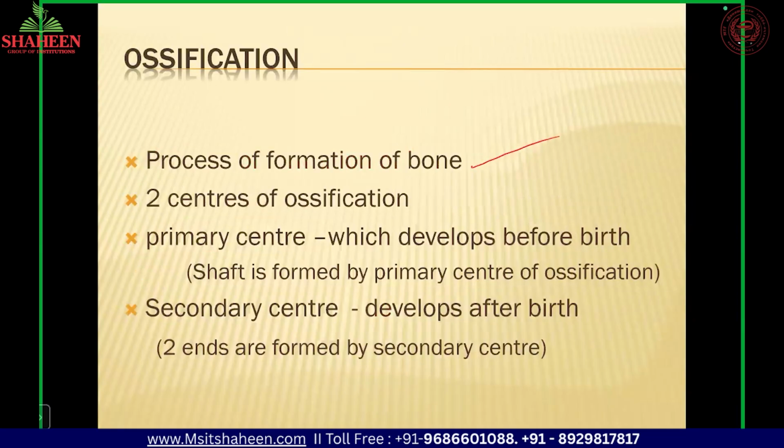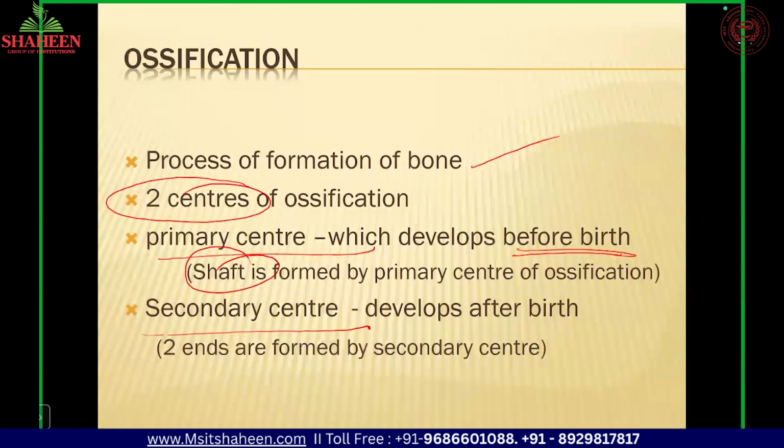We have two centers, primary center and secondary center. Which area of the bone is developed through the primary center? The shaft. That means it is developed before birth. By the secondary center, the two ends are formed. That is, the epiphysis is formed by the secondary center and is developed after birth.